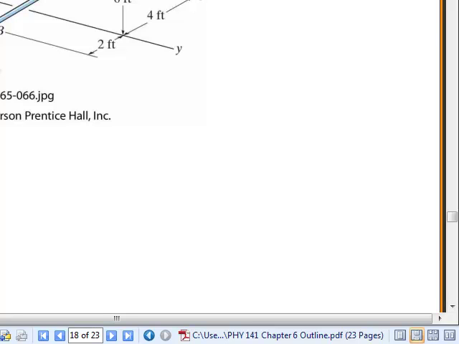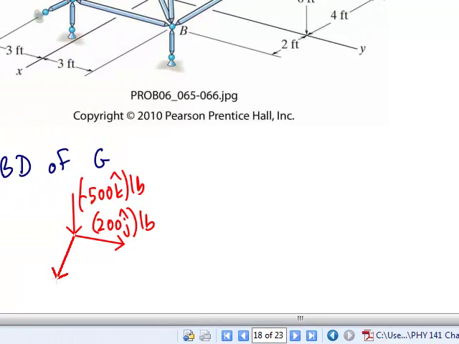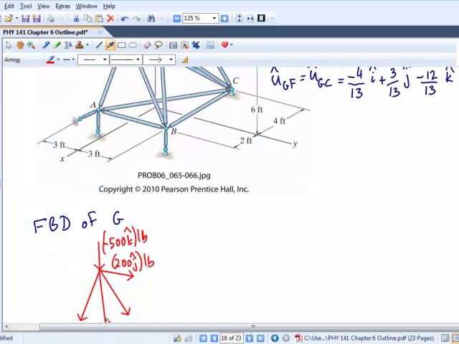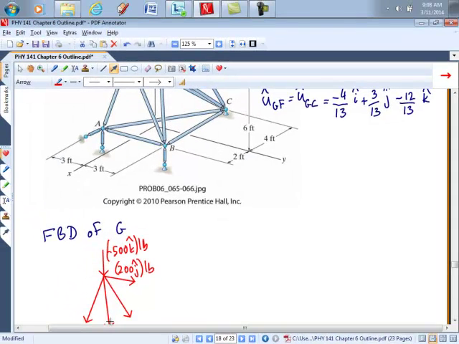If you want to draw them in as compression, the ones that you think are going to be compression, that's absolutely fine. The only thing you need to remember is that when you get a negative answer, it's the opposite of what you assumed. It doesn't always mean compression unless you always assume tension. That's where it gets a little bit safer to always assume the same thing, even when you know it's wrong.